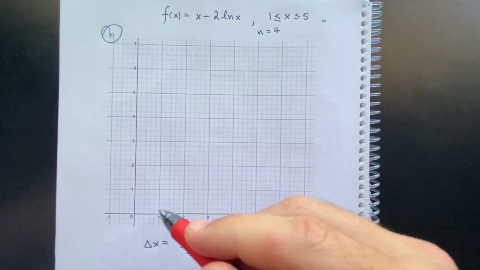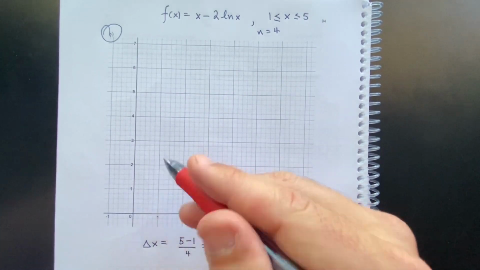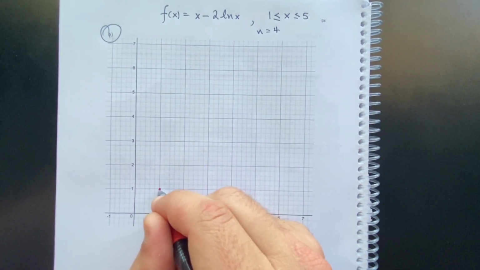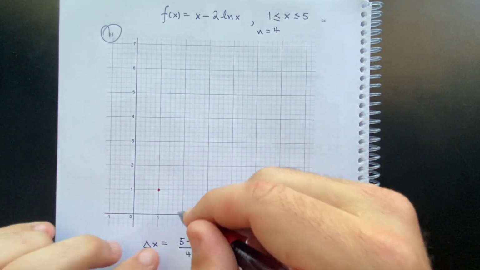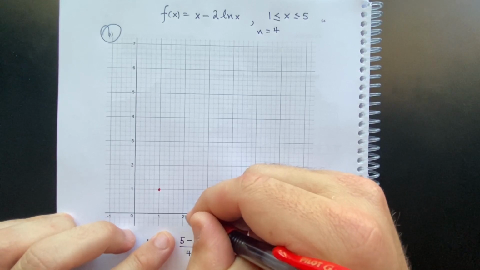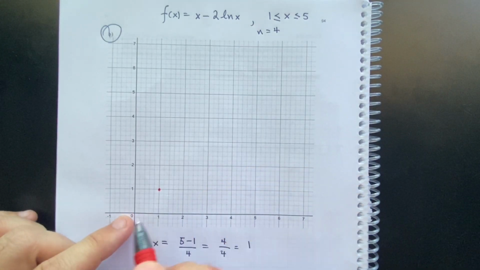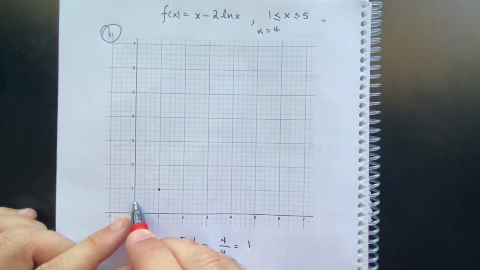So I'll just have a 1 there. So at 1, I get 1. At 2, I'll use my calculator. 2 minus 2 times ln of 2. Just do your best on graphing that. It's about 0.6. So at 2, we're at about 0.6, so 0.2, 0.4, 0.6.